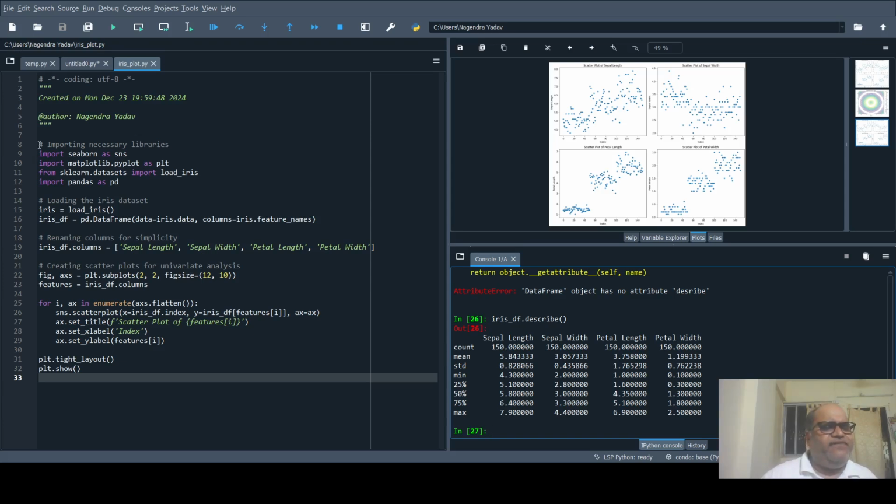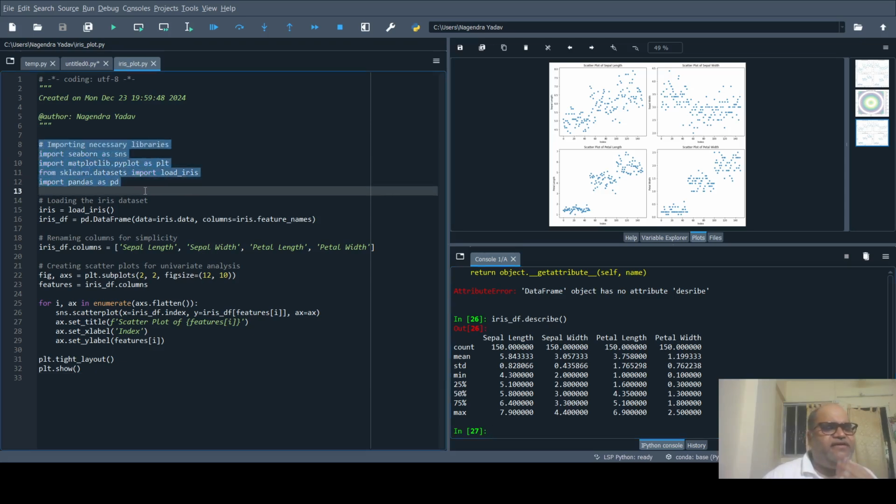In the first 4 5 lines, the ones I've highlighted here, we have imported the relevant libraries. Seaborn is a library used for better, more involved visualization. Matplotlib is very common. We are taking the pyplot part of it and importing it as plt.